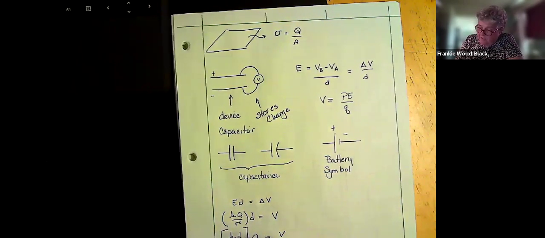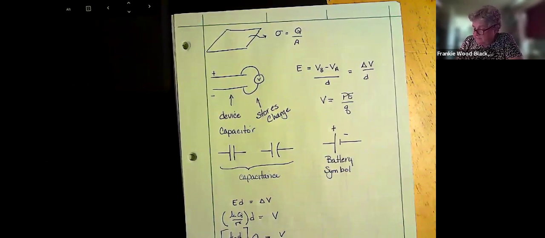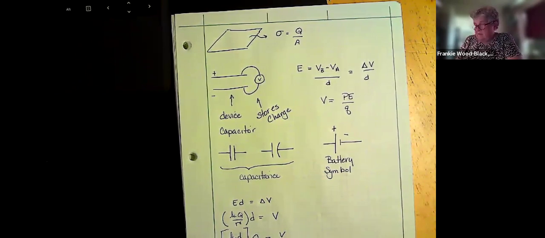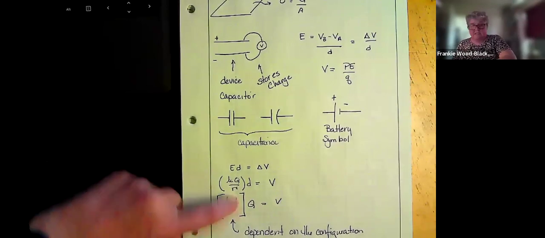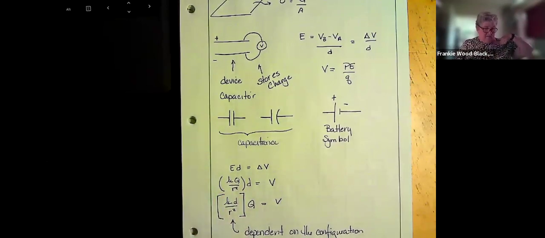This part of the equation is dependent on the configuration. That's a constant. My distance and my radius is what's there.